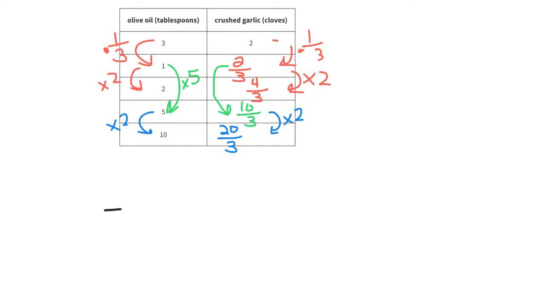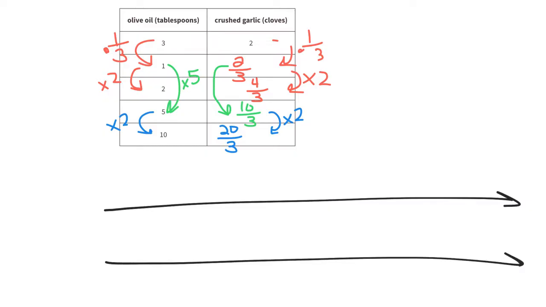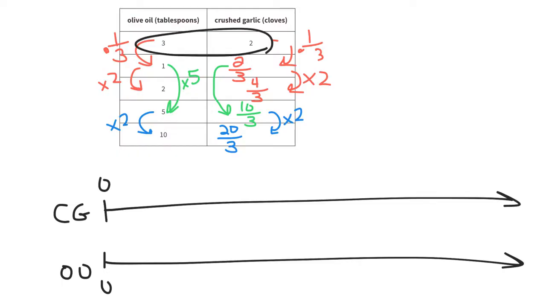All right, now it says we are supposed to take that and relate it to a double number line. So here's our double number line. It doesn't matter which is which. Let's do olive oil down here, and let's do crushed garlic right here. And we know that at the beginning, it's 0 and 0. So taking this first ratio, 2 and 3, so 1, 2, and there's our 3. 3 olive oils is equal to 2 garlic cloves.